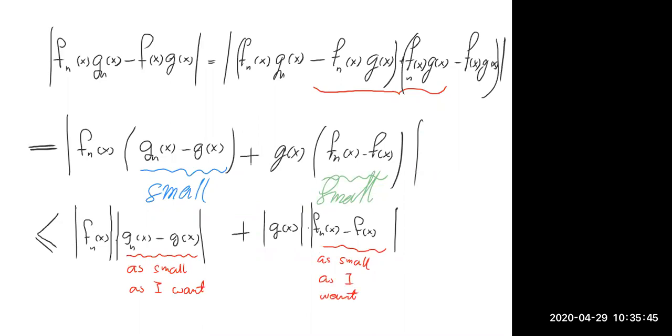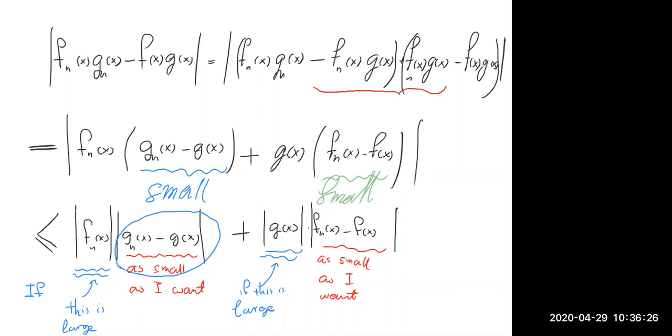I want to make everything small, but there's a problem. If Fn(x) is large, or if G(x) is large, yes, you're right, Richard, they should be bounded. If these two numbers are large, no matter how small I make these things, their product still might be large.